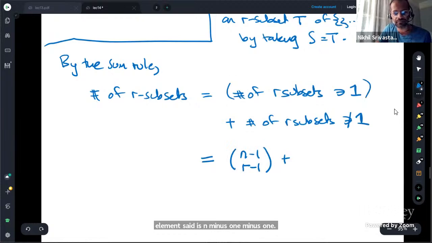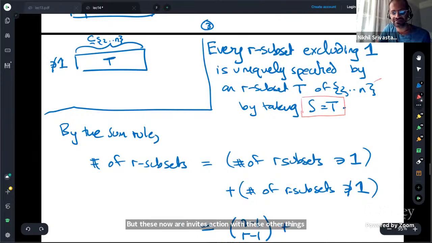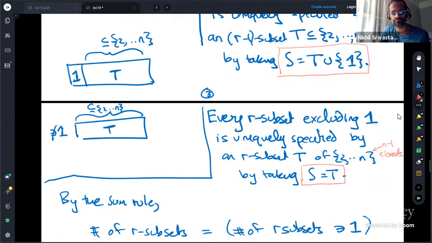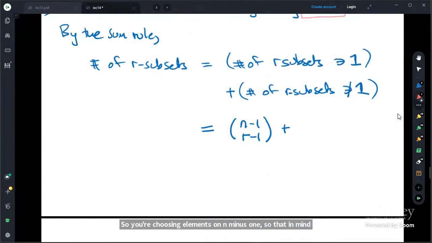So that's the first term. And now the second term is the number of R subsets not containing 1. But these are in bijection with these other T's, by taking S equals T. And again, this is a set with n-1 elements. So how many such T's are there? You're choosing R elements from n-1, so that's n-1 choose R. Exactly.